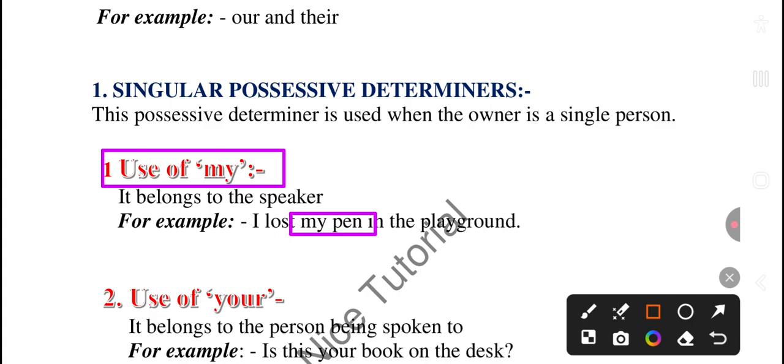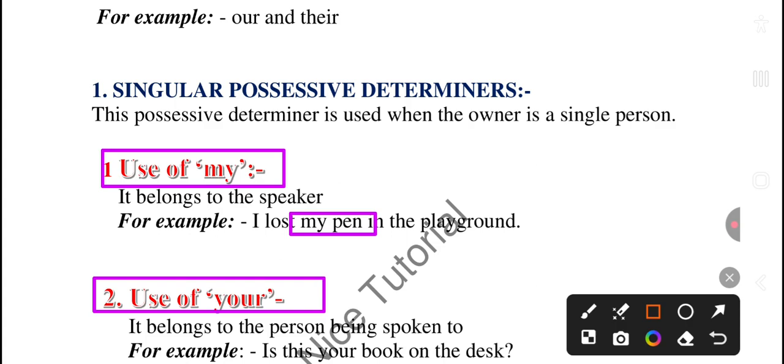Second one is use of your. It belongs to the person being spoken to. It means that the speaker always speaks to a person who is listening in front of him. That person is the listener.